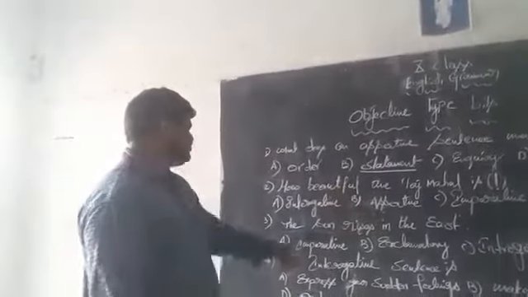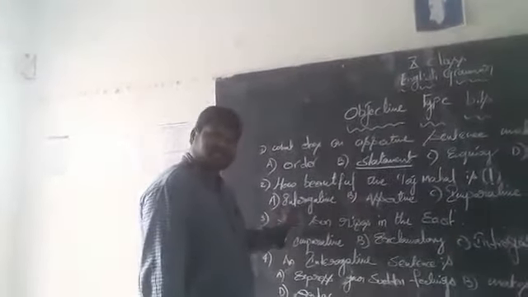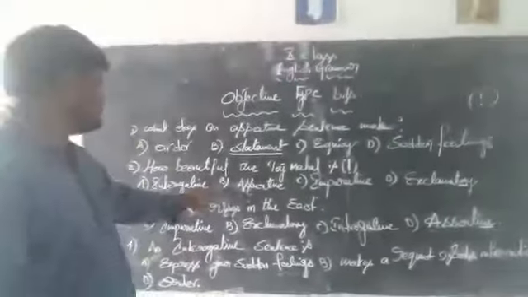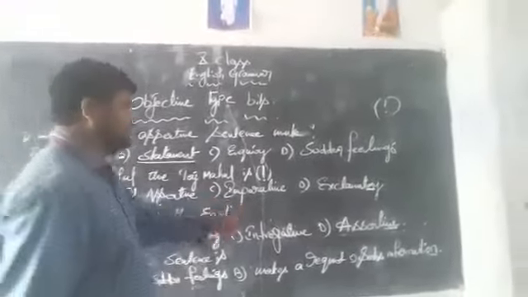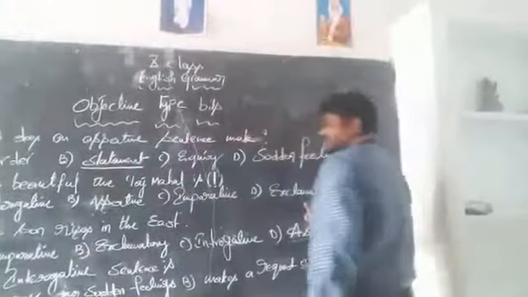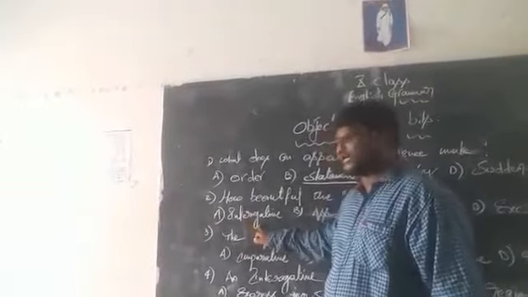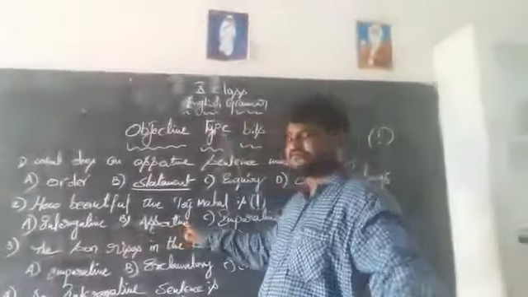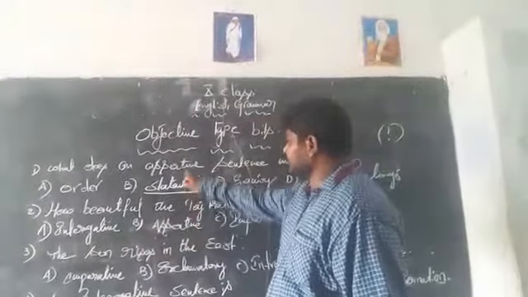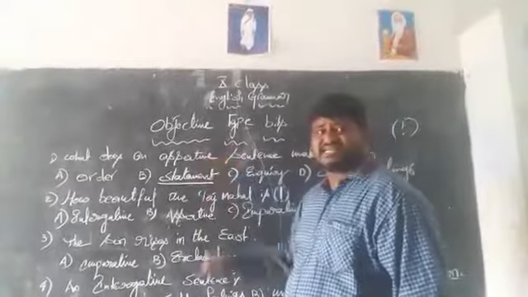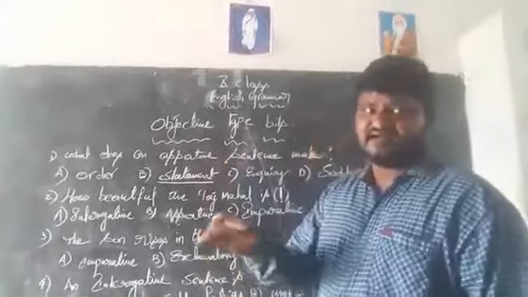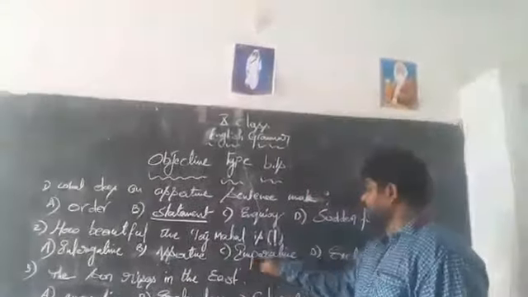Okay. Now the options: A is interrogative, the second one is assertive, the third one is imperative, and D is exclamatory. Interrogative means asking questions. Assertive means, as I explained, giving statements, positive statements and negative statements.